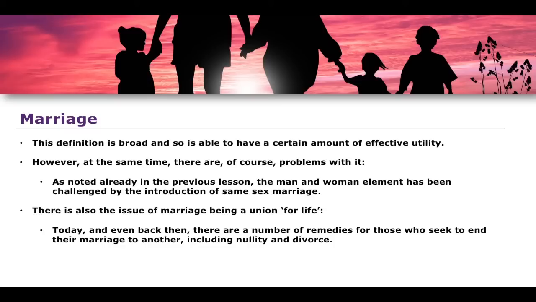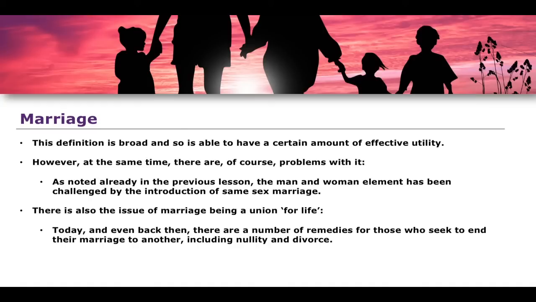For those of you who want to know about marriage nullity and marriage divorce, why don't you go and research a little bit about Henry VIII, who spent quite a lot of time trying to secure his divorce from Catherine of Aragon in order to marry Anne Boleyn. This was in the 1500s. So the concept of divorce and nullity of marriage is something that is very prevalent and has been since almost the entirety of the marriage system.